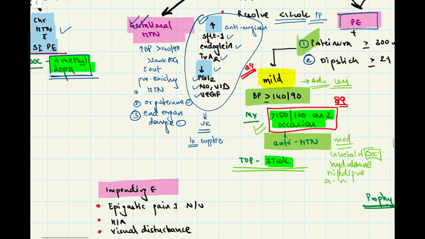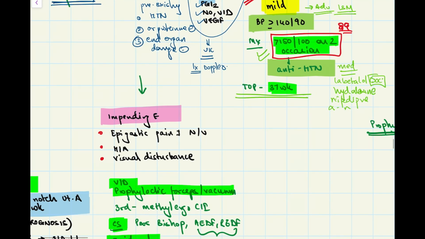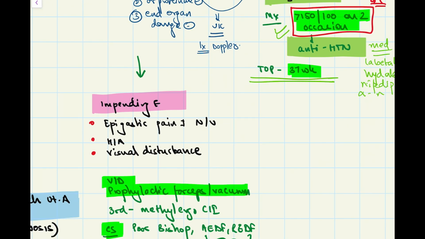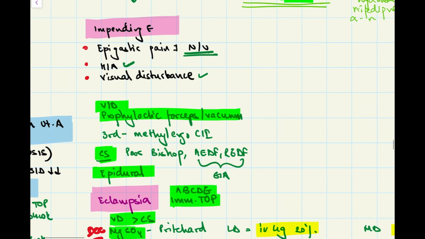Now, preeclampsia can lead to impending eclampsia, which is identified by epigastric pain with or without nausea and vomiting, headache and visual disturbances. In such cases, vaginal delivery is done with prophylactic forceps and vacuum to decrease the second stage of labor. Right.